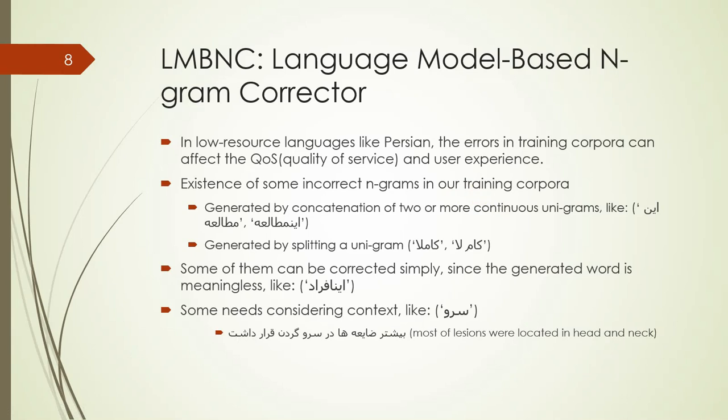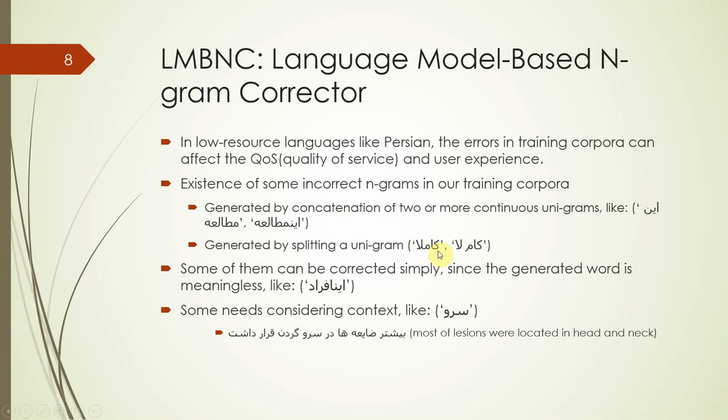There were some unigrams mistakenly concatenated to each other, like in mutalae, and some unigrams broken into two parts, like kamelan.